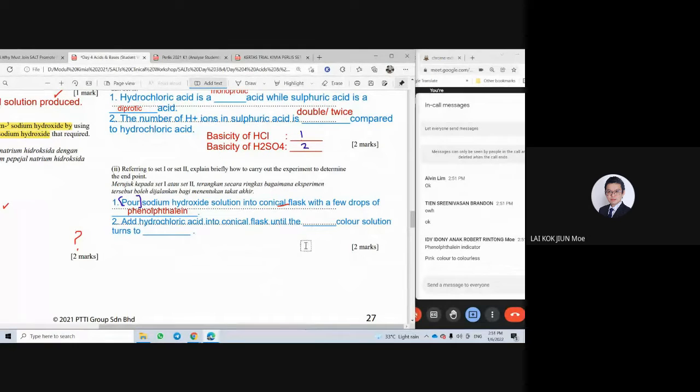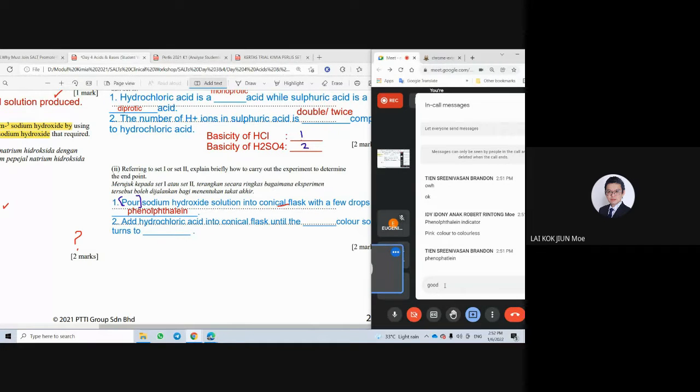Phenolphthalein spelling, is it correct? I'm not sure, you have to check. Phenolphthalein cannot be spelled wrongly. Wrong spelling means you get marks deducted. It's a chemical term. Must spell correctly.